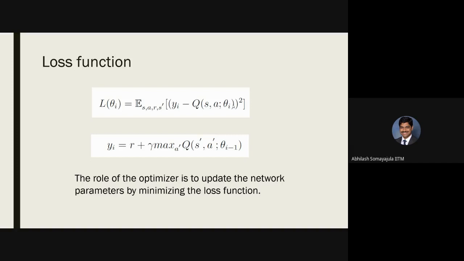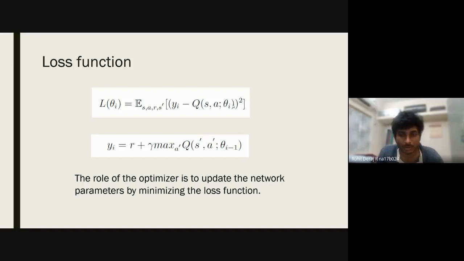It's trying to minimize the error between yi and what your network will give as an output. And yi is only defined with respect to whatever is the previous parameter set that you have. You don't know theta i here in order to predict yi using theta i. Theta is only changing here. The parameter is changing.